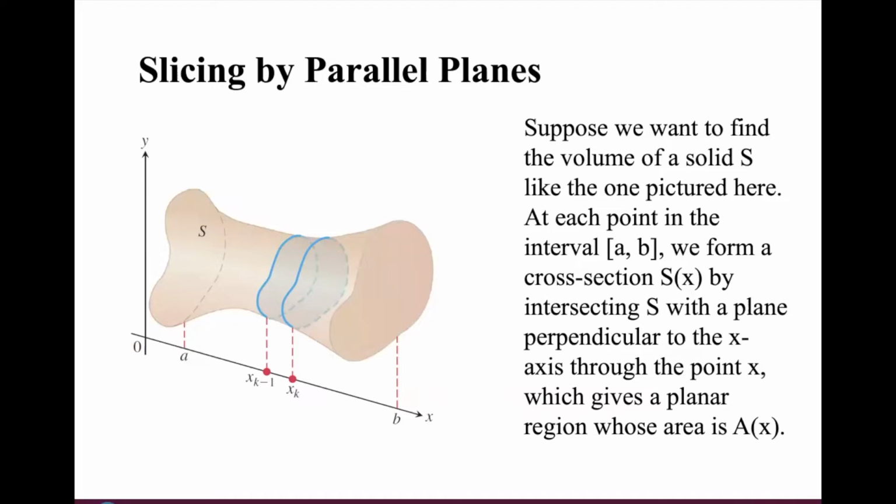So what we're going to do is slice it into cross sections at each point in the interval from A to B. So we'll form a cross section called S of X because the particular cross section will depend on the value of X. And that cross section is formed by intersecting the solid with a plane that is perpendicular to the x-axis through the point X. And that's going to give us a planar region, like one of the blue ones you see here, whose area is A of X.